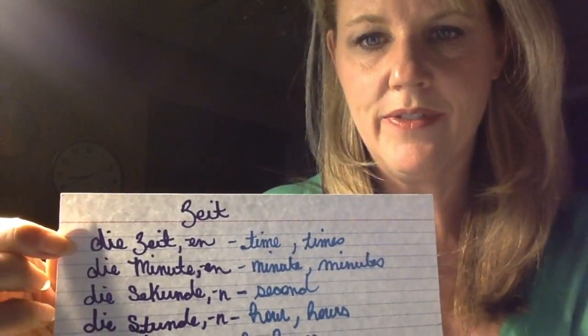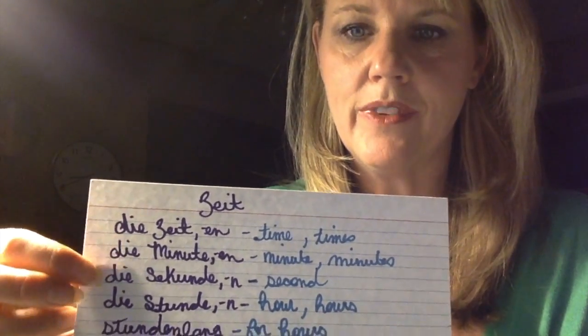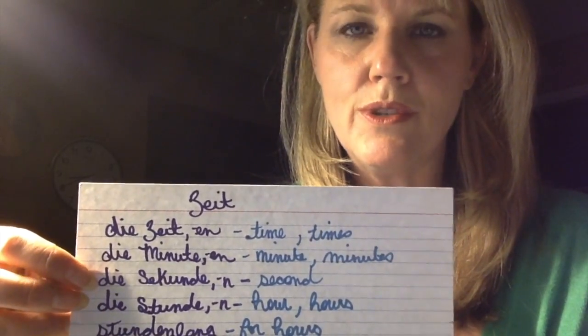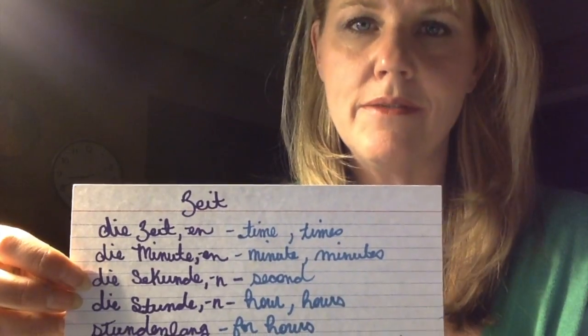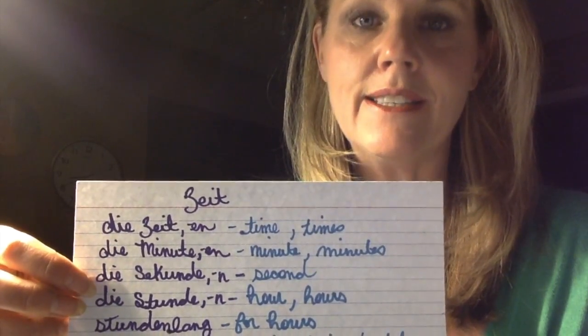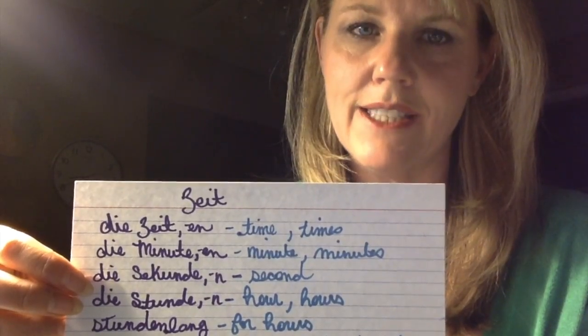The vocabulary for time. Die Zeit. For plural, it's die Zeiten. Die Minute oder die Minuten. Minute, minutes. Die Sekunde, die Sekunden, second, seconds.